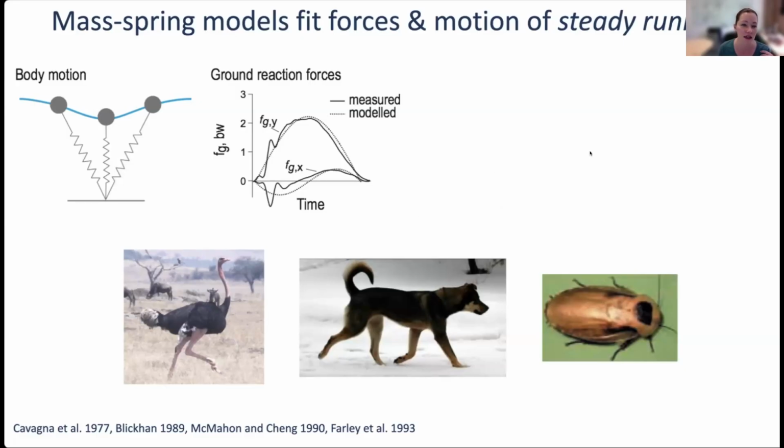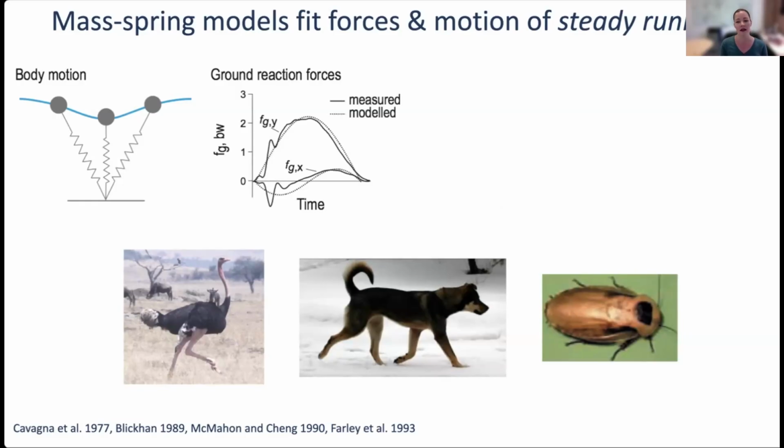And interestingly, this mass spring model can predict the ground reaction force patterns, not just for bipeds that have one limb in contact with the ground at a time, but also for multi-legged animals. If you approximate the entire system as a point mass with all of the legs acting together during a trotting type gait, all of the legs in contact act together as one virtual leg, right?